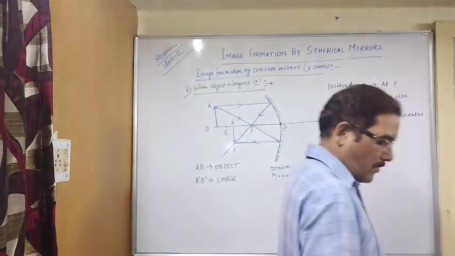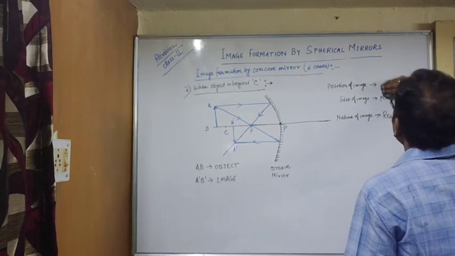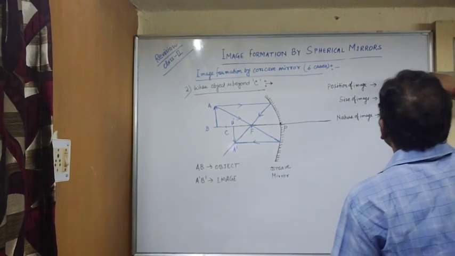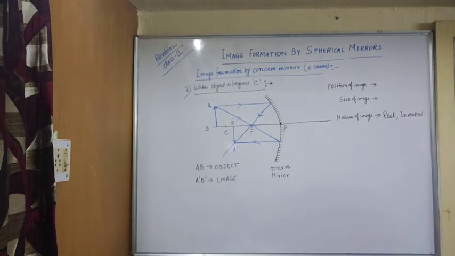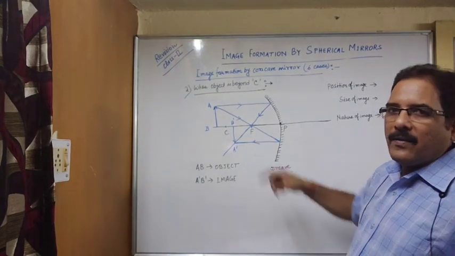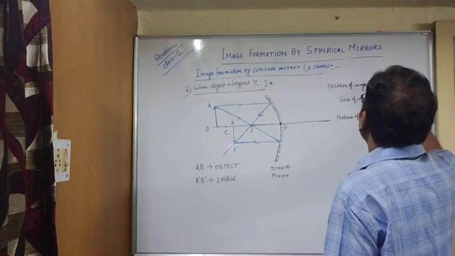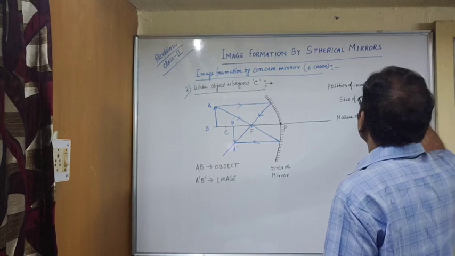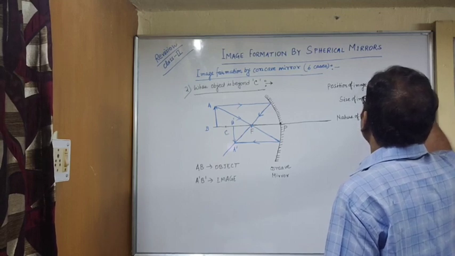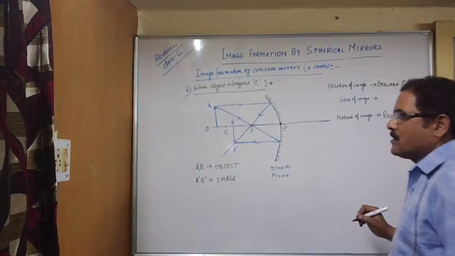Now again for this ray diagram you have to write these things. Position of image. So where is the image? Between C and F. So position of image is between center of curvature and principal focus.